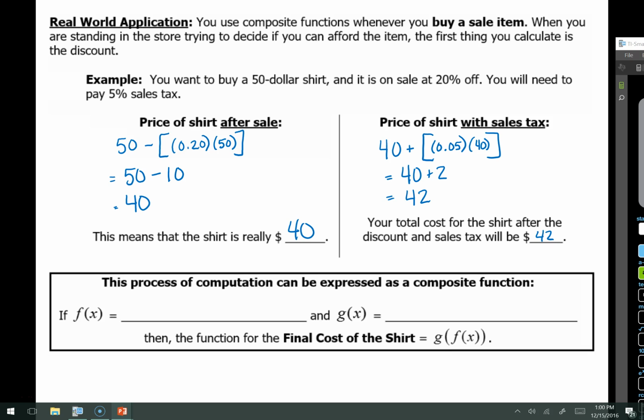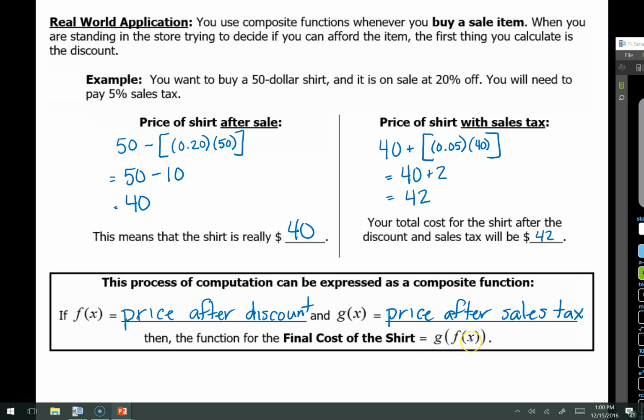So in this process that we just did, that maybe you do naturally when you're at the store trying to decide if you want to buy something or not, the first thing that we needed to determine was f of x, the price after the discount. And then after we knew the price after the discount, then we could figure out the price after sales tax. And that process gave us the final cost of the shirt, and we were composing information.